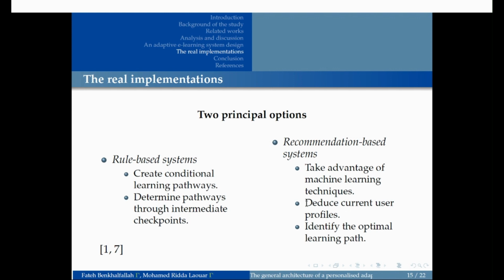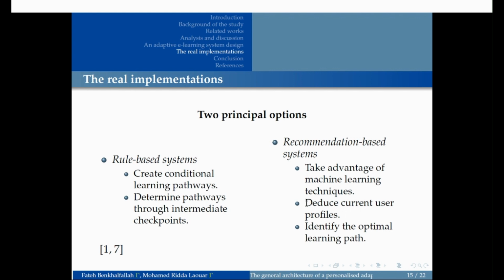This relates to how decisions are made about the content presented to specific users. There are two basic options: rule-based systems. These create conditional learning paths within a course through intermediate checkpoints where students demonstrate their proficiency in different subjects.